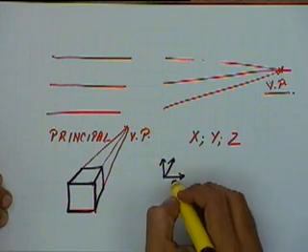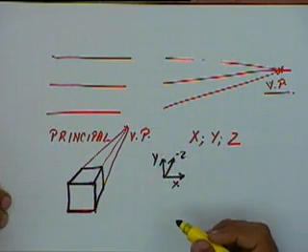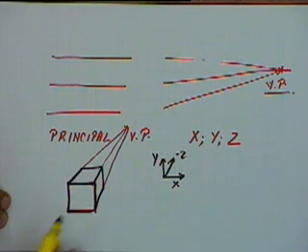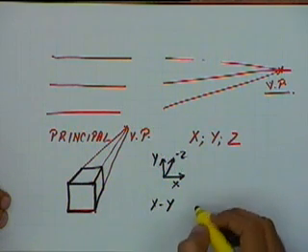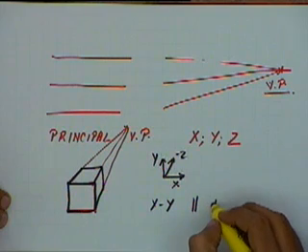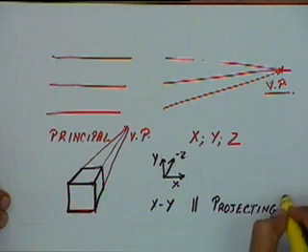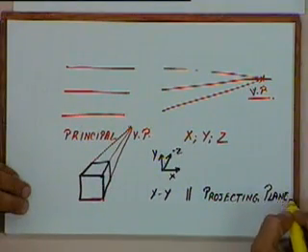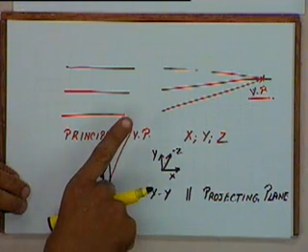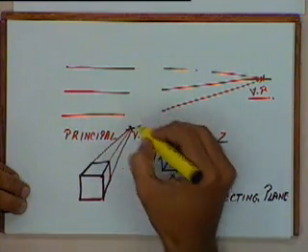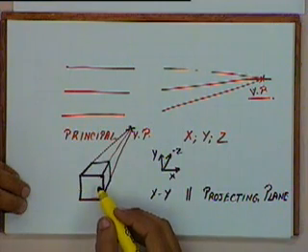If I call it x, y, this will become the minus z direction. In this case we have a vanishing point only in the z direction. This is because the xy plane is parallel to the projecting plane. Only lines parallel to the z direction will appear to be coming from one point, while lines parallel to the x or the y direction will continue to remain parallel.